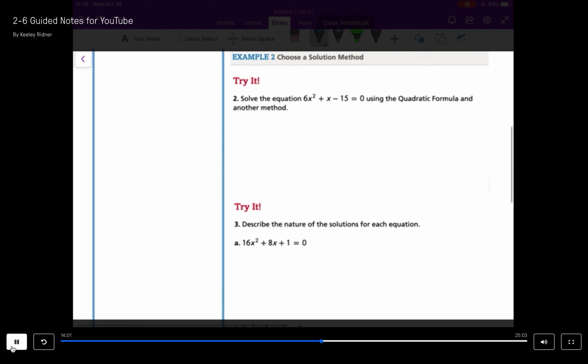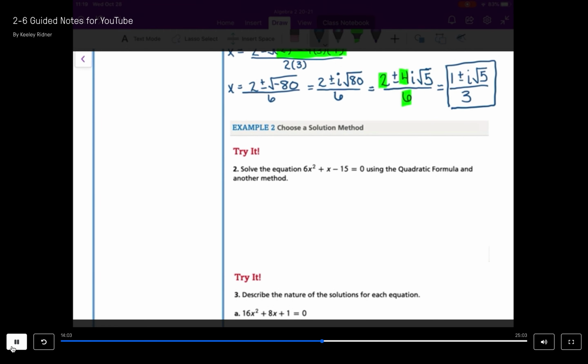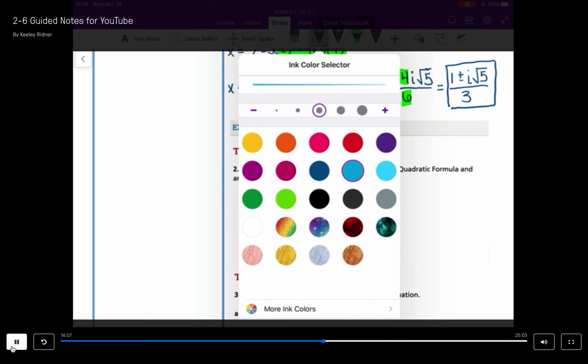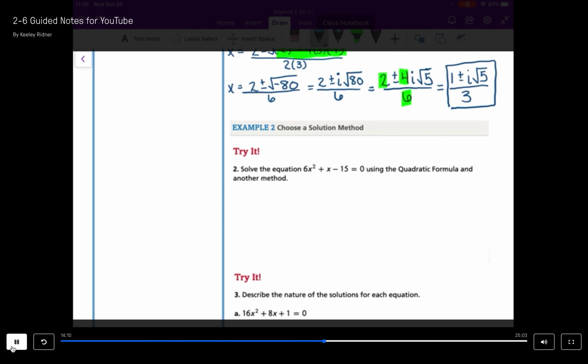For this one, for example 2, what happens if it actually simplifies nicer? Notice you can use a different method there. But I'm just going to do it with quadratic formula because quadratic formula always works.